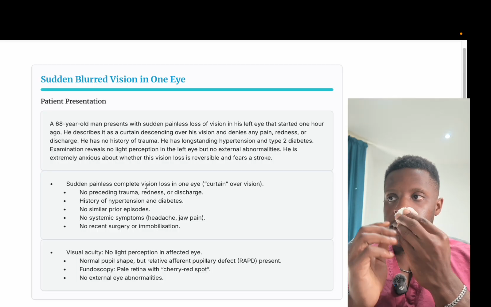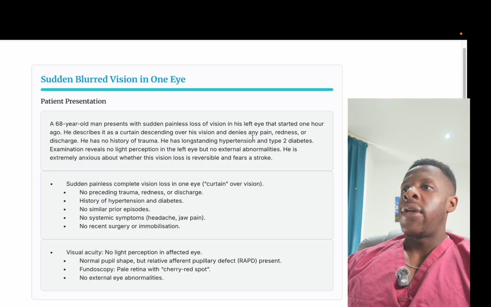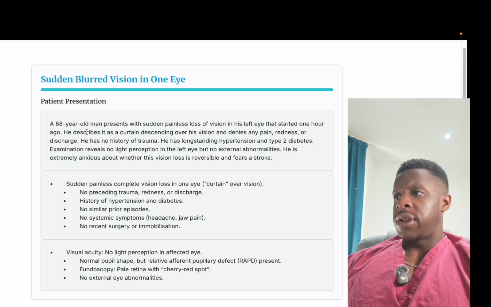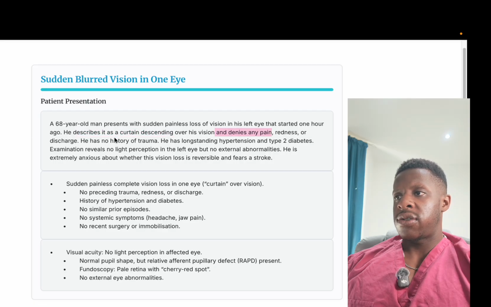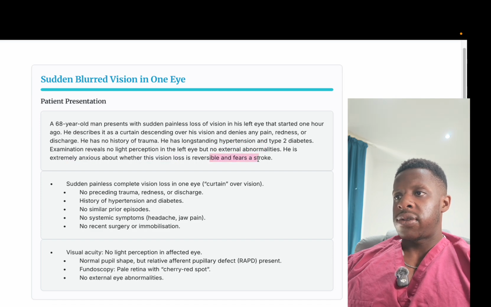So, sudden blurred vision in one eye. A 68-year-old man presents with painless loss of vision in his left eye that started 1 hour ago. He described it as a curtain descending over his vision and denies any pain, redness, or discharge. He has no history of trauma. He has long-standing hypertension and type 2 diabetes. Examination reveals no light perception in the left eye, but no external abnormalities. He is extremely anxious about whether this vision loss is reversible and fears a stroke.